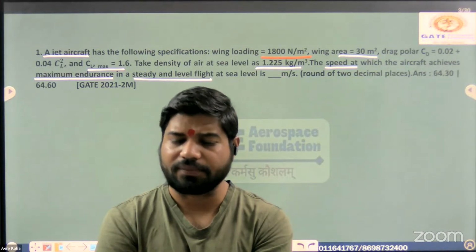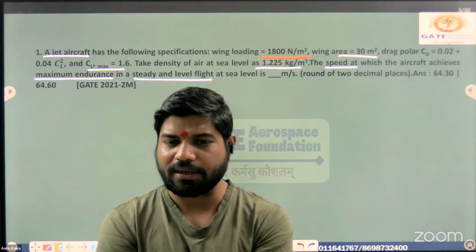Can you come again with this range formula? What is capital R? R is equal to 1 upon TSFC, CL power 1 by 2 by CD, under root 2 by rho infinity S, W naught raised to 1 by 2 minus W1 raised to 1 by 2. That's it.